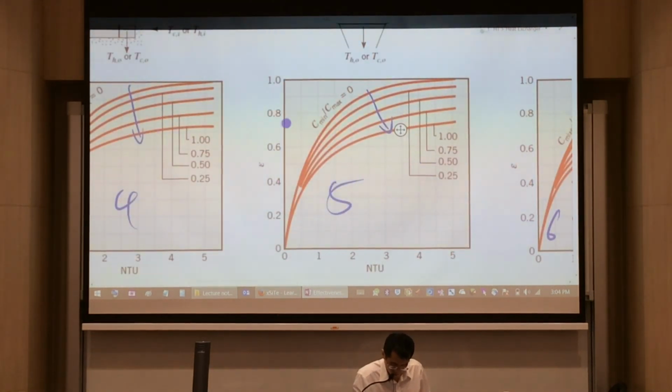It's going to be somewhere over here. Right? Epsilon equal to 0.755. So you could use your ruler, make that projection. And you have your CR at 0.45.